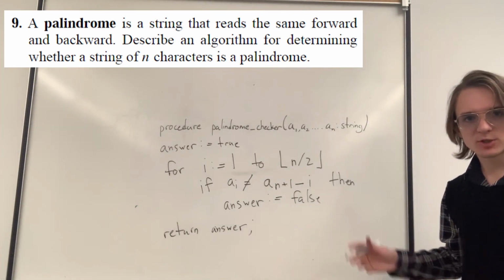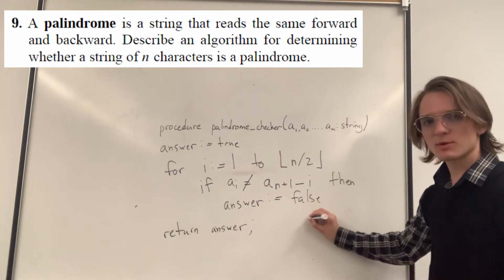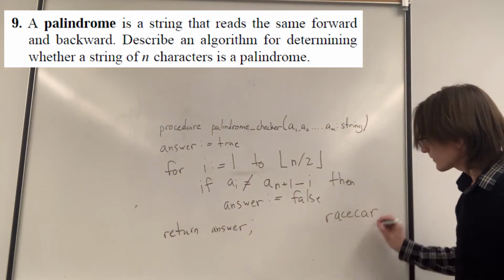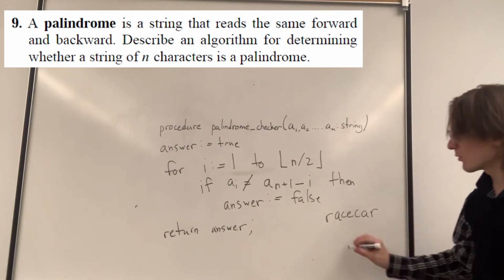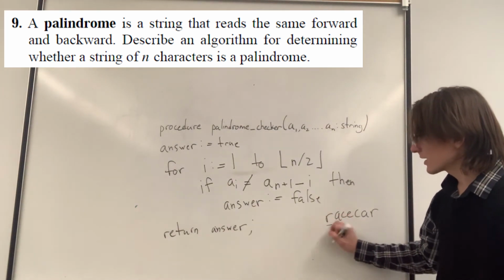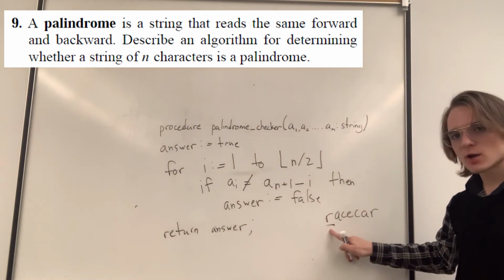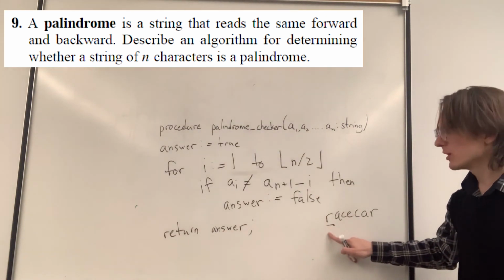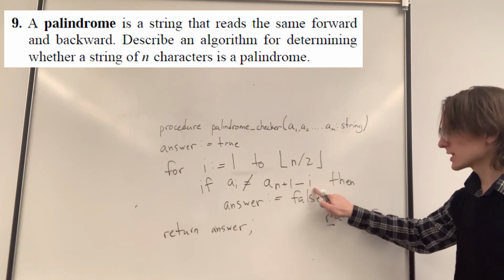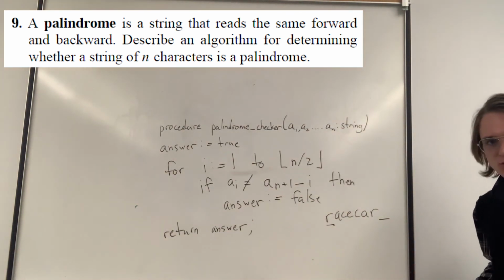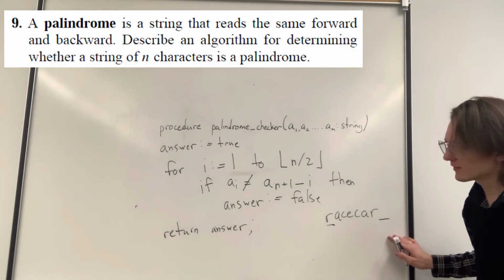And let's show an example to show that this works. Let's say we have, for example, racecar. On the first iteration, i is 1, so we're going to check a of i. A of i is currently r. We're going to check whether it is or is not equal to a of n plus 1 minus i. Now, a of n plus 1 is at the very far end of our string. It's past the endpoint.